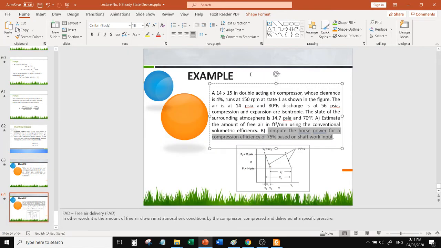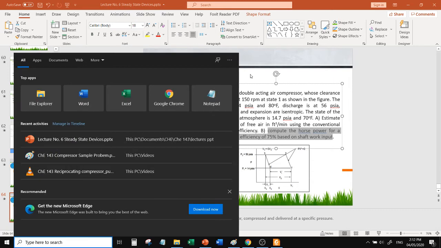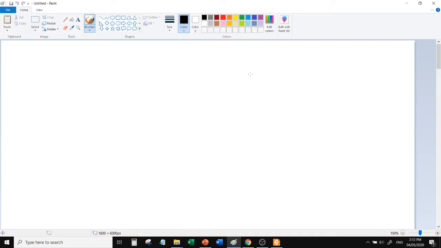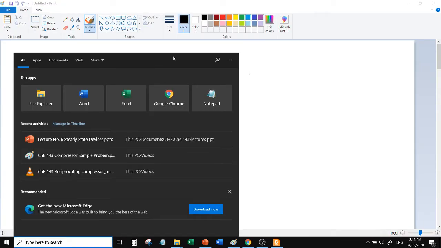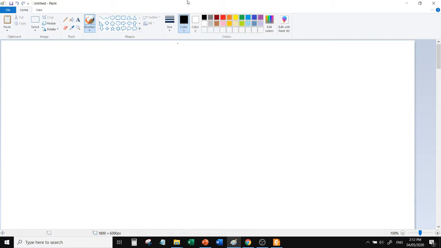So, let's redraw the problem. Drawing natin ulit yung problem, yung diagram, PV diagram.